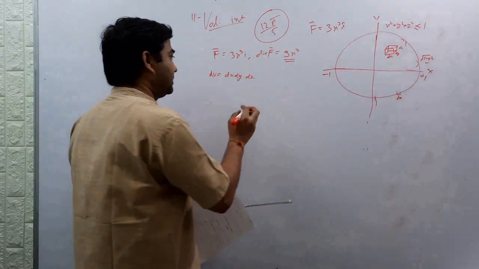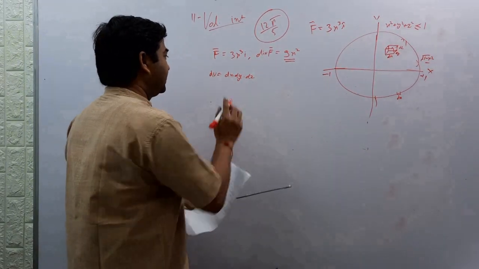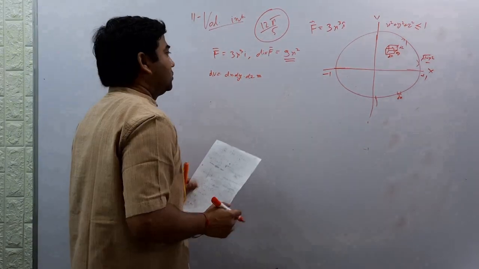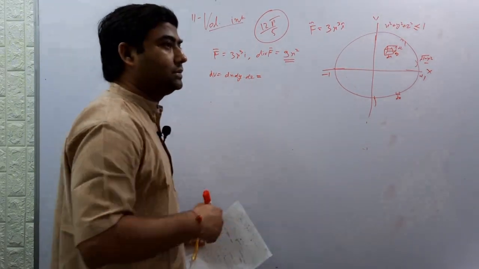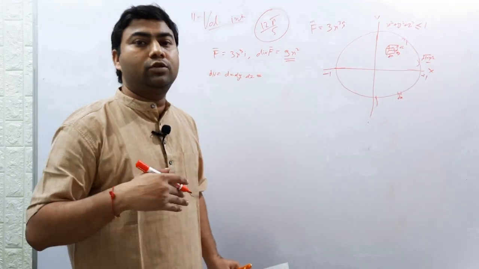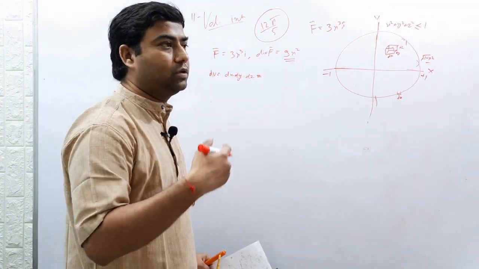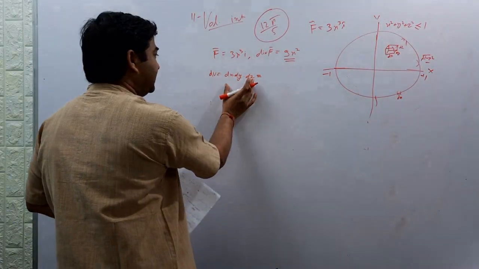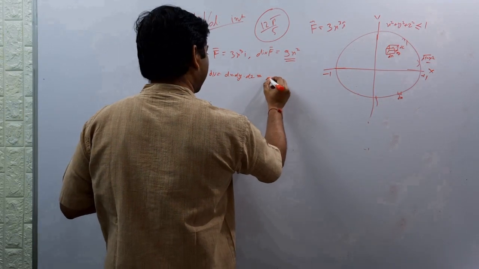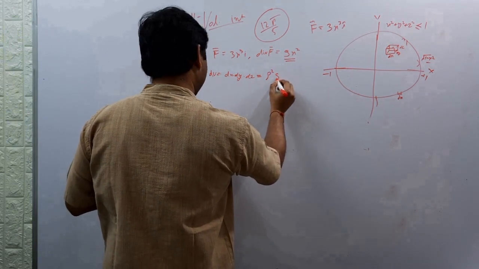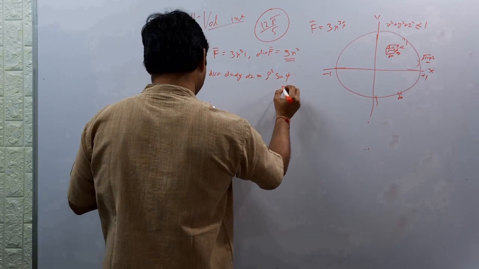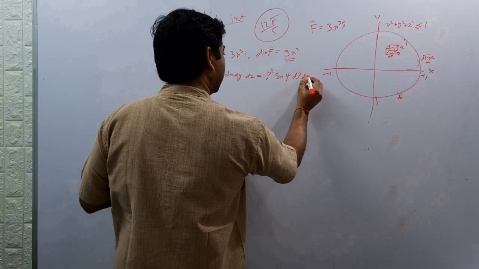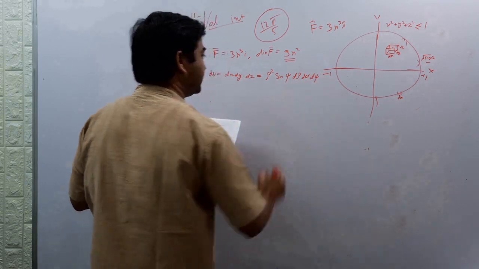Earlier we have discussed, during conversion from Cartesian coordinates to spherical form, that dV is equal to rho squared sin psi d rho d theta d psi.